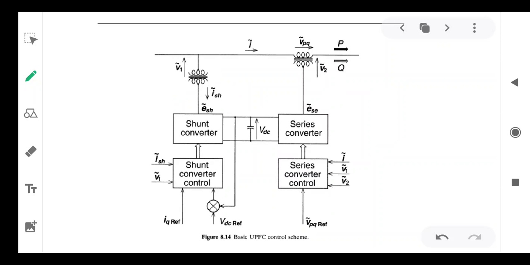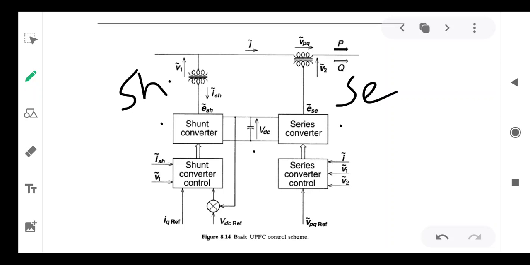This is the UPFC, the basic control circuit, in which you have the shunt controller and the series controller. Both are linked with the DC capacitor VDC: series converter, voltage source, and shunt converter, which is also a voltage source.